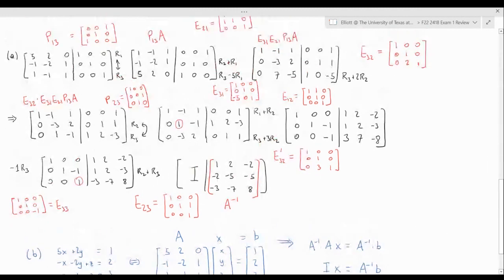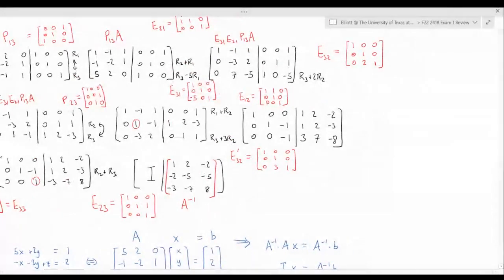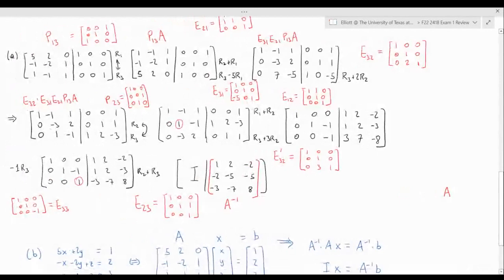So at the end, if you take matrix A and multiply on the left by all of these elementary matrices, the first one is the first one that multiplies with A. Next, we did these two. Those are the next two in line.